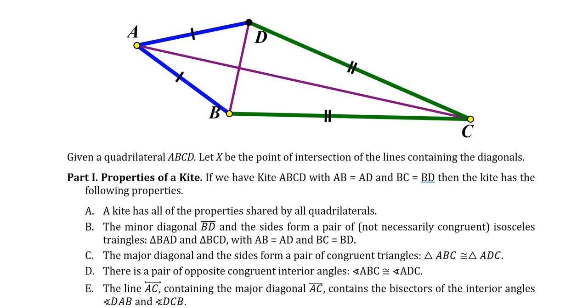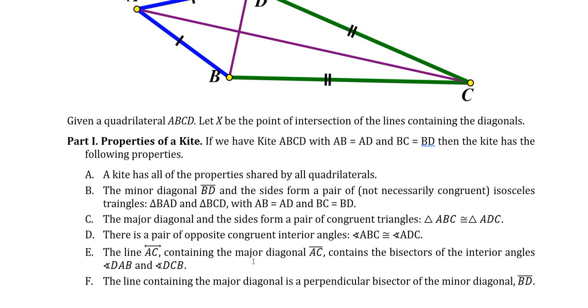There's a pair of opposite congruent interior angles, angles B and D. That's angle ABC, the big angle right here, and angle ADC, the big angle here. The line containing the major diagonal, so the line AC in this picture, contains the bisectors of interior angles. That means angles DAC and BAC are congruent, bisecting here, and the same thing on this end.